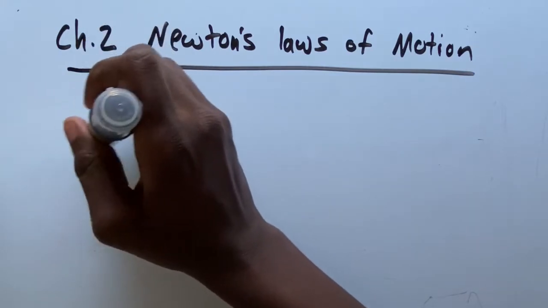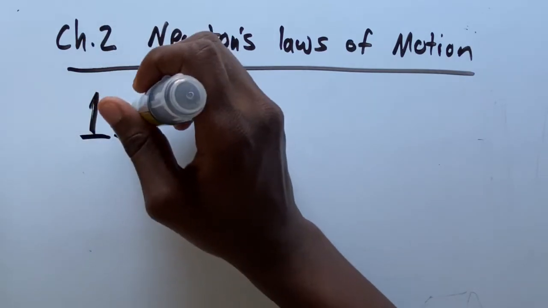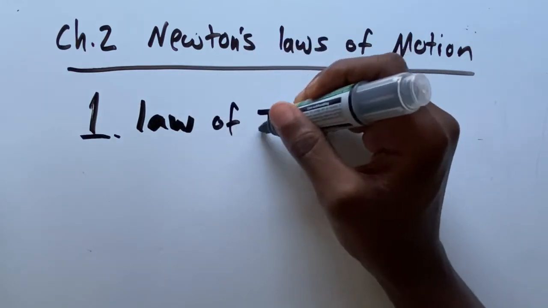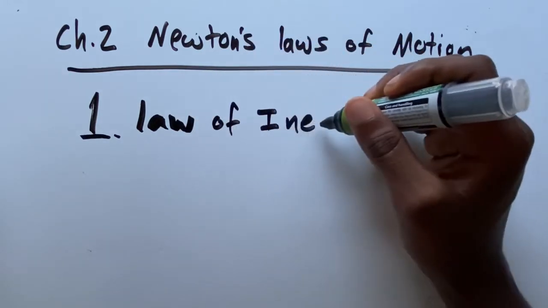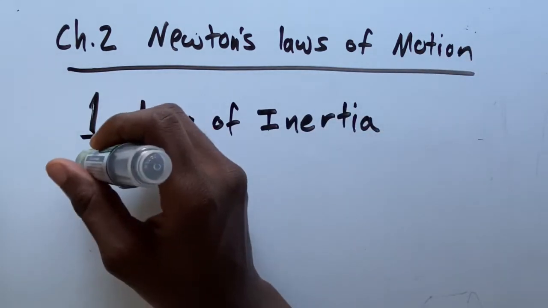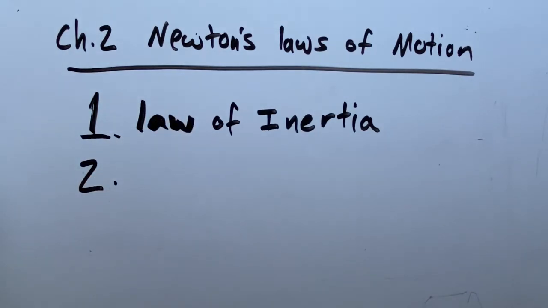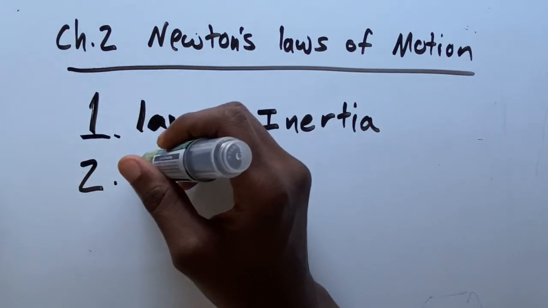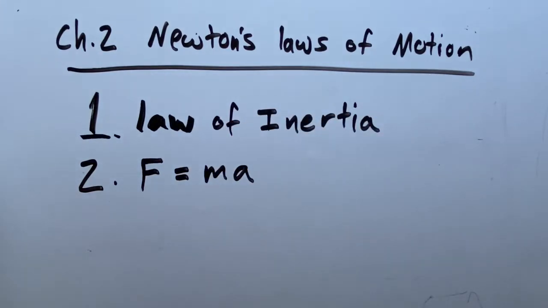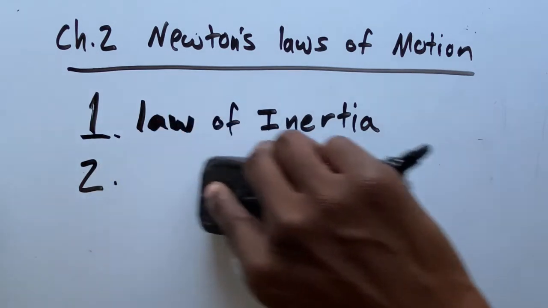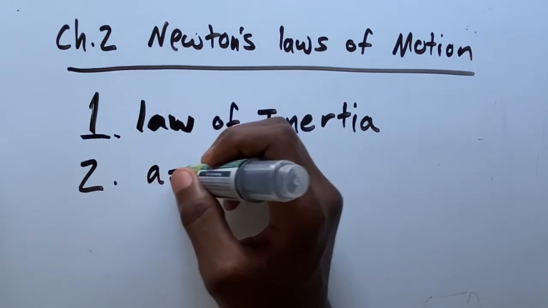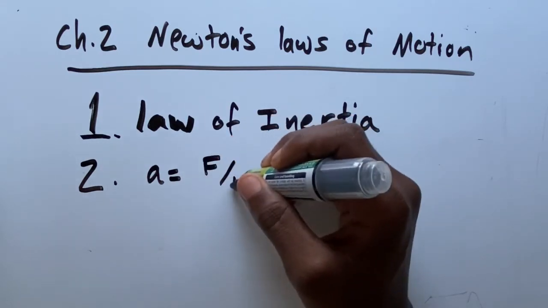So Newton's first law is his law of inertia. Law of inertia, I-N-E-R-T-I-A. All right, Newton's second law basically is force. Force is related to mass times the acceleration of an object. Or better yet, let me write it like this. Acceleration is equal to the force divided by the mass.